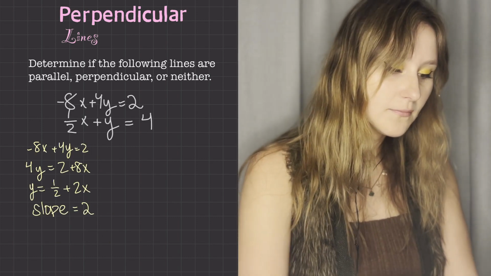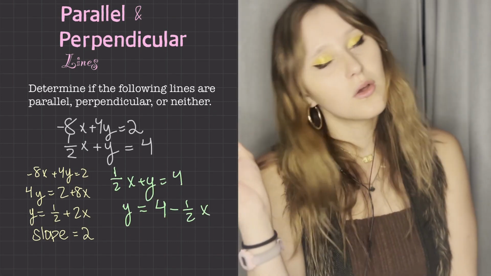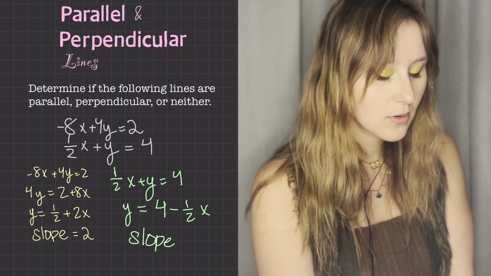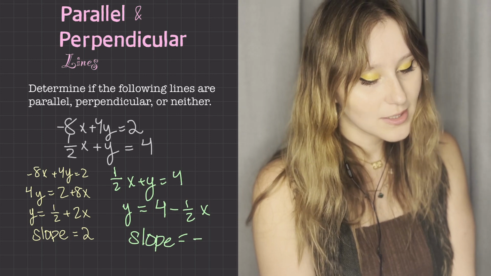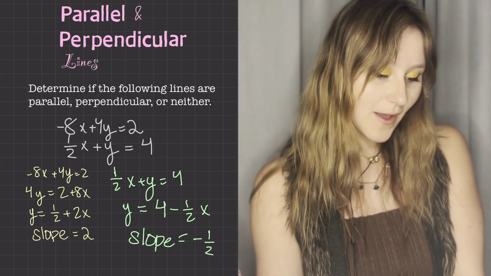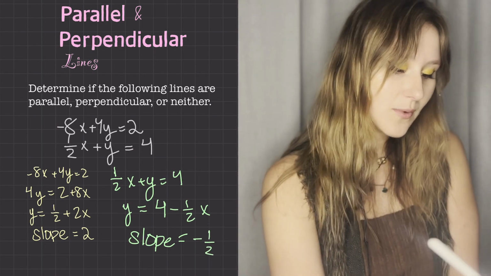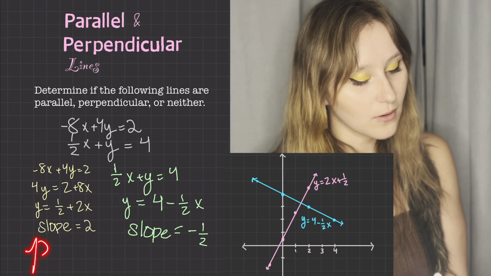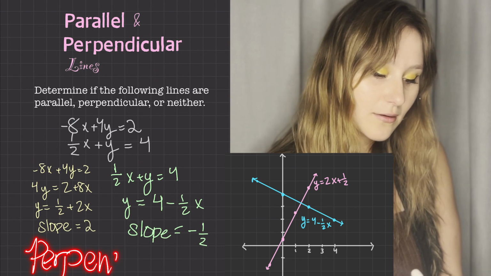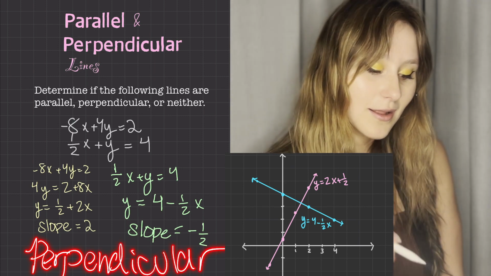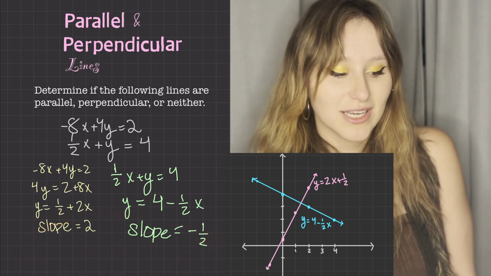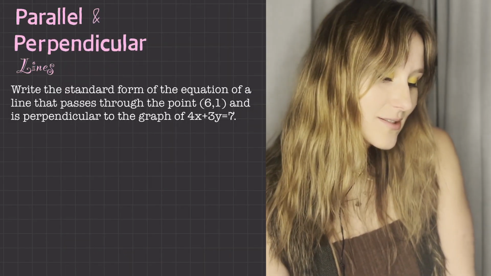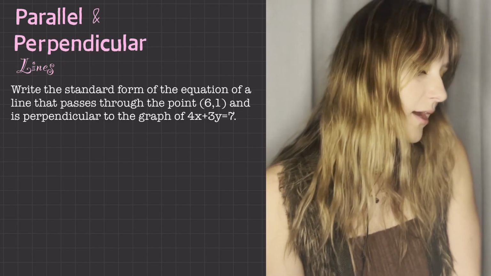Same thing here. Slope is, what is the slope? It is minus 1/2. Okay, so what do we got here? We get an opposite reciprocal. Therefore, with an opposite reciprocal, we get a perpendicular line situation. Right? Cool.